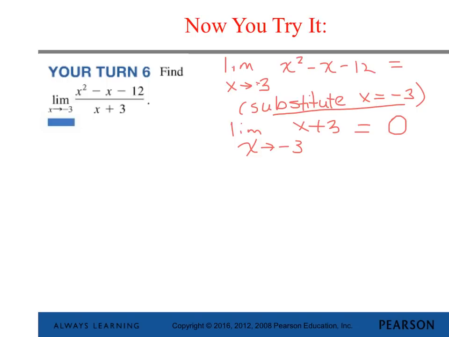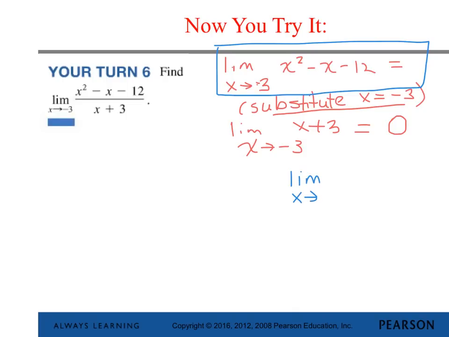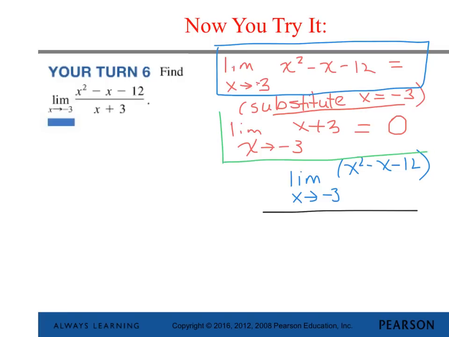And then to complete the problem, what you're going to do is take the limit that you find here and divide it by the limit that you find here.